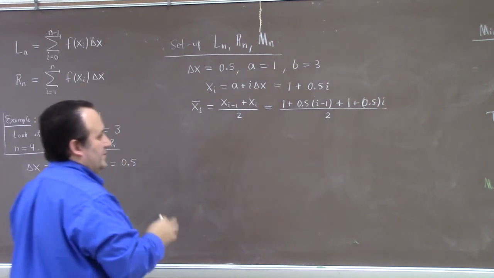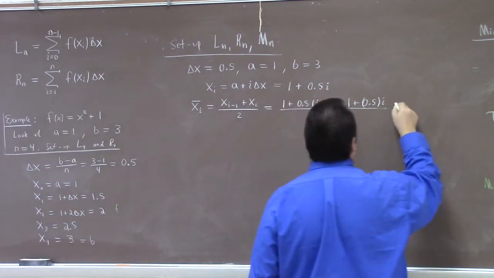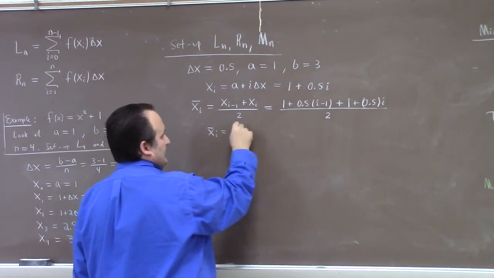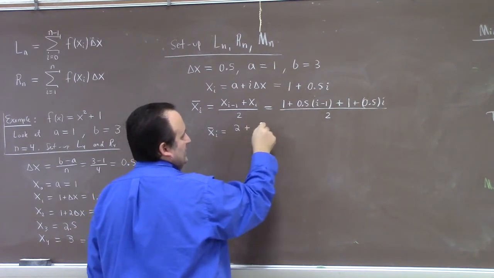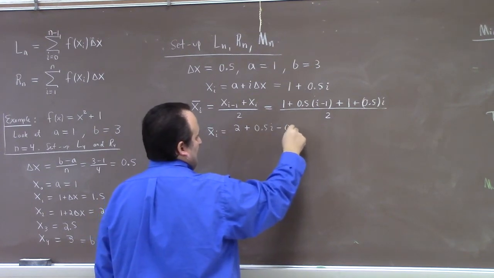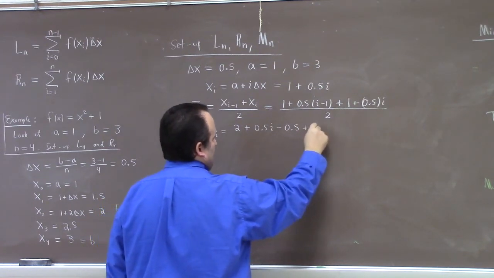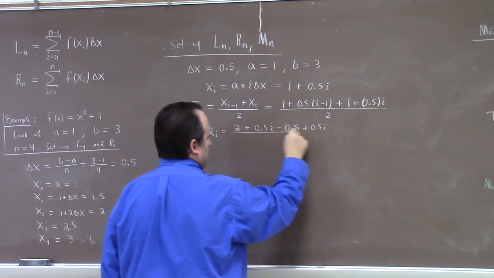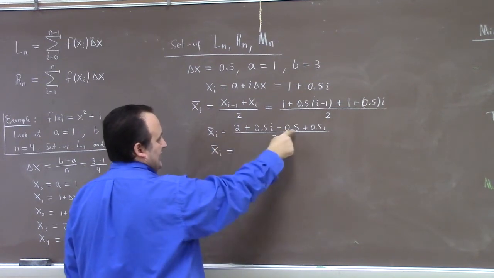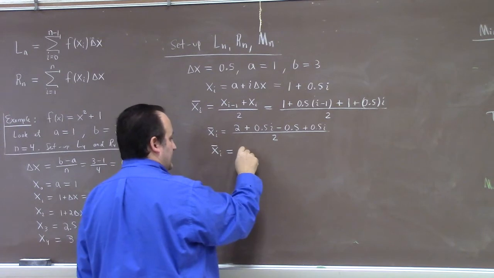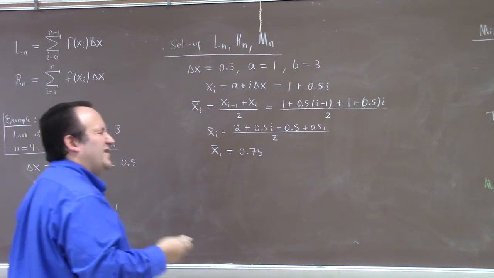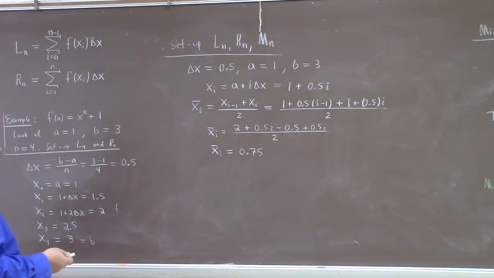We got 1 plus 1 is 2, plus 0.5i minus 0.5 plus 0.5i. Can we simplify that a little bit? I think we can. So what we have is x bar i: that's 1.5 divided by 2, which is 0.75, and of course we have plus i.